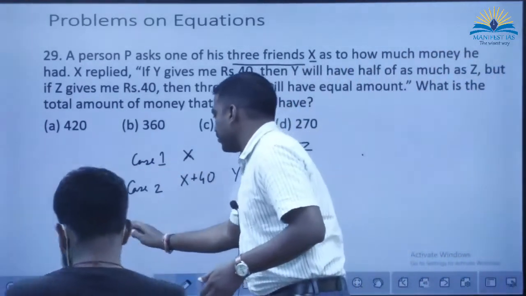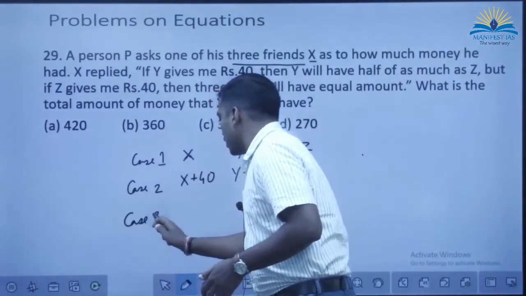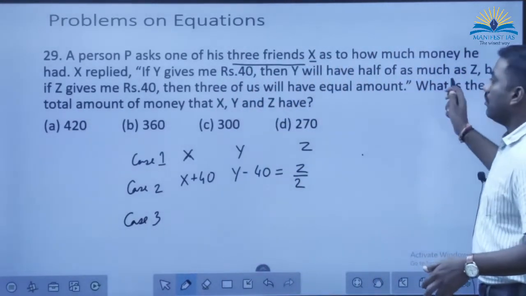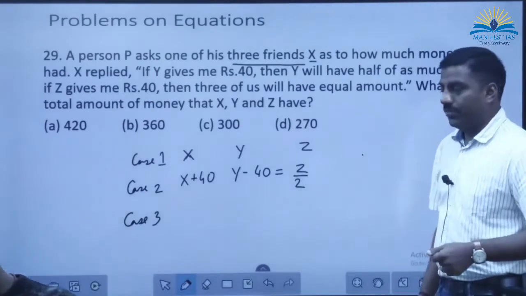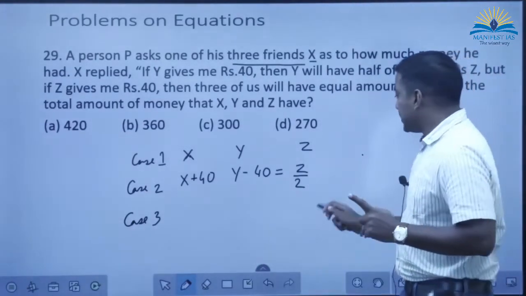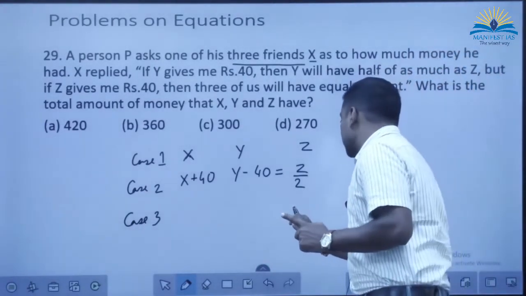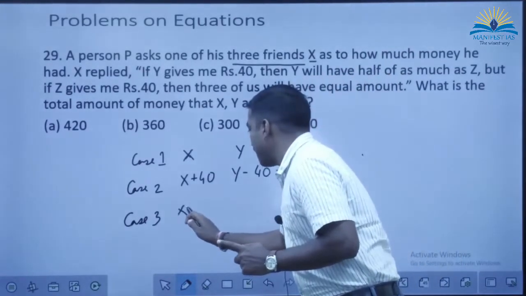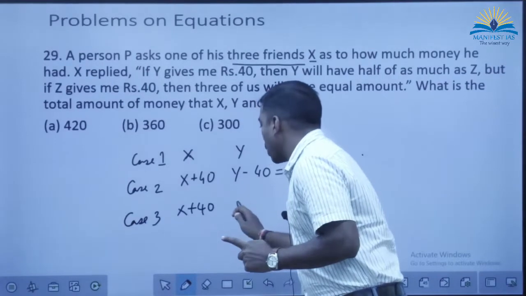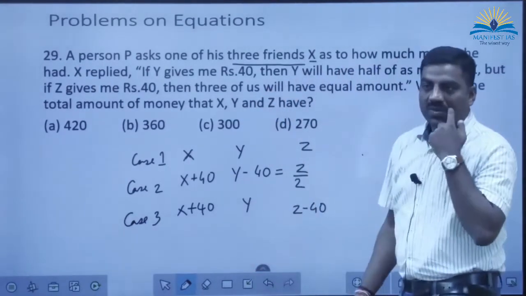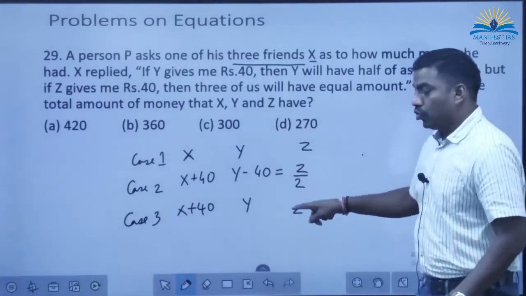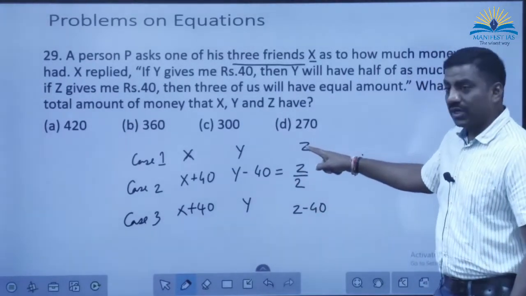What about case 3? But if Z gives me 40, X is saying, if Z gives me 40, that means Z is losing 40, that 40 is gained by X. Y is not transacting. And these are 2 different cases. This is for case 1.